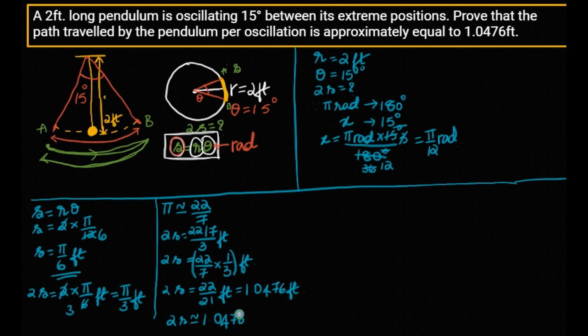1.0476 feet. That is, the path traveled by the pendulum per oscillation is equal to 1.0476 feet.